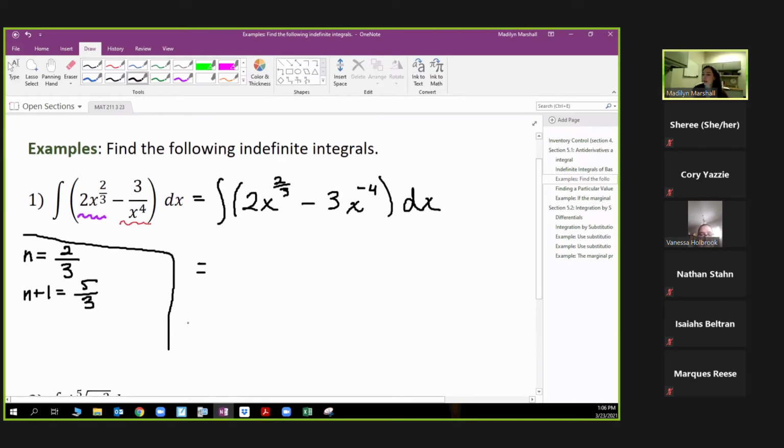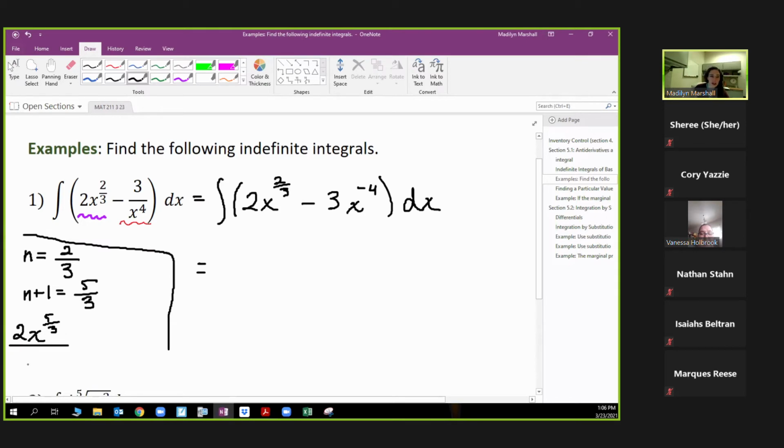So there's a few different ways to write this next part, but I just want to make a little note here. If we're doing our integral, the power is going to be raised by 1, so now we're going to have 5/3.